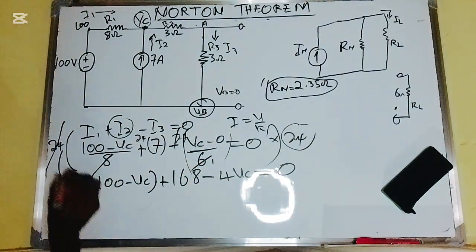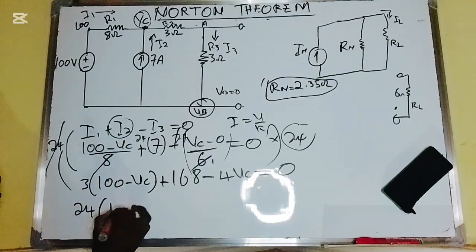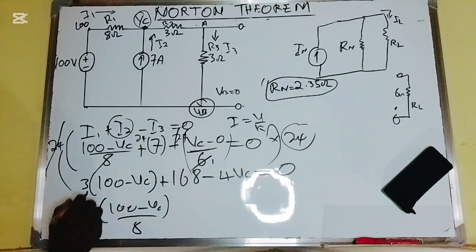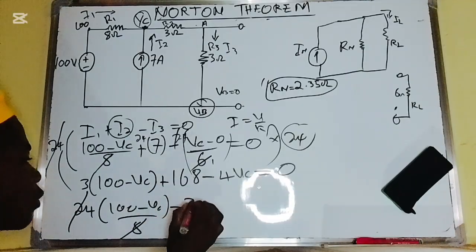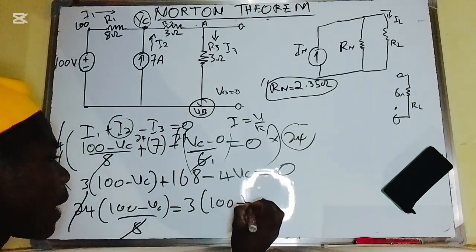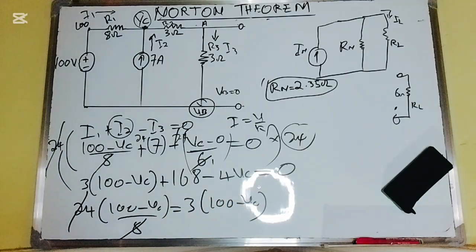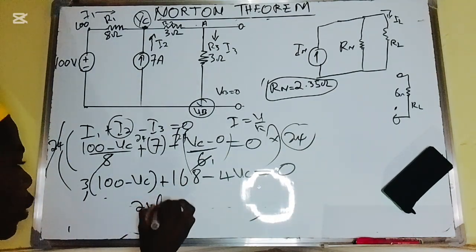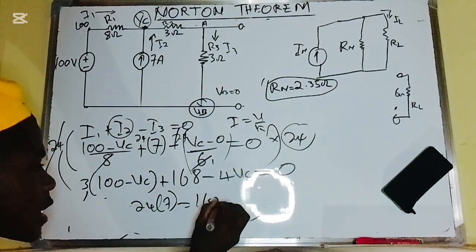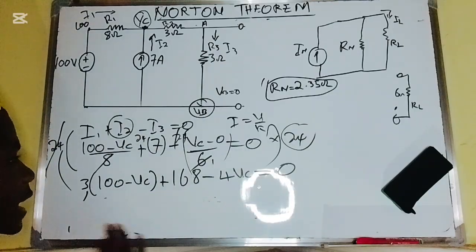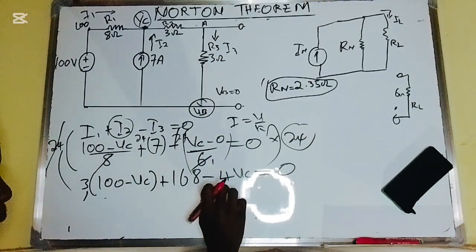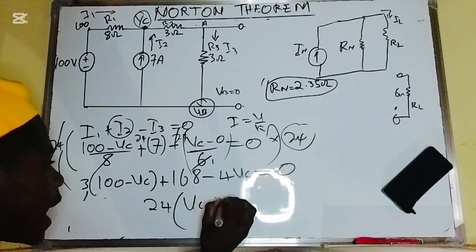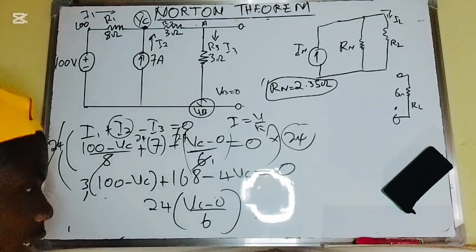What I did here is that I said 24 into 100 minus VC divided by the value of 8. So this shall go, and I end with 3 into 100 minus VC. This is how I get this. The next thing is how I get this 168: I said 24 multiplied by 7, it gives me 168. Then how I get this minus 4VC: I have 24 into VC minus 0 divided by the value of 6.